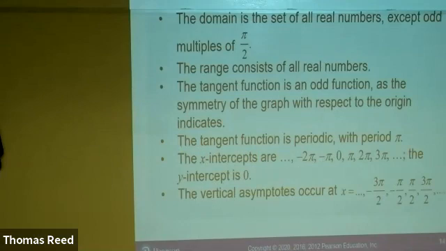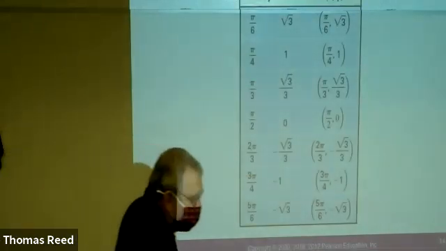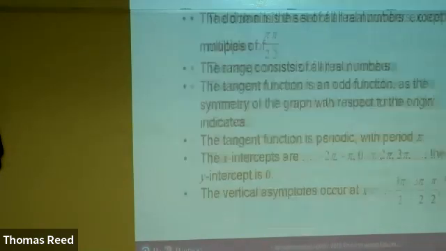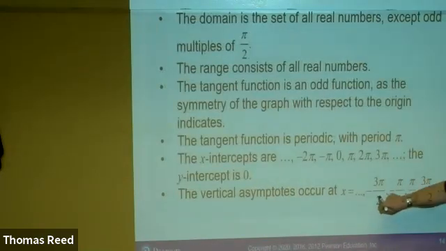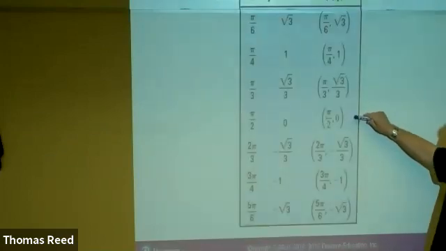Now for cotangent. Cotangent is the reciprocal function of tangent, so you flip the numerator and denominator. So where this function does not exist at these odd multiples of pi halves is now at 0.